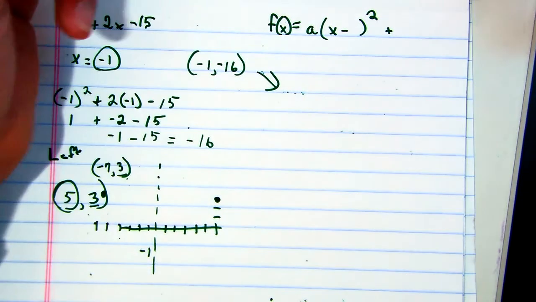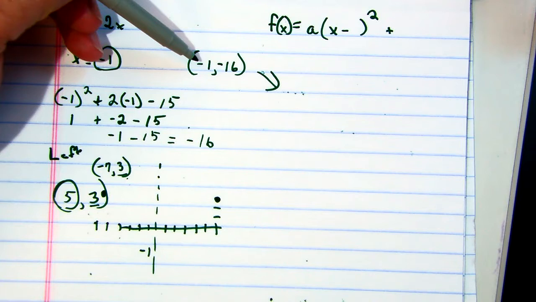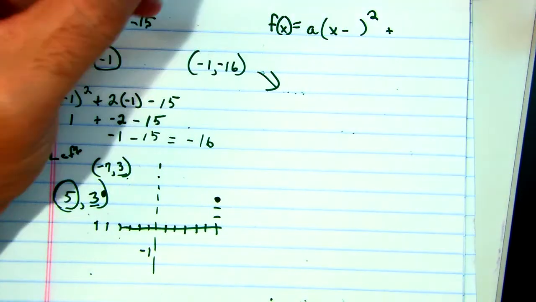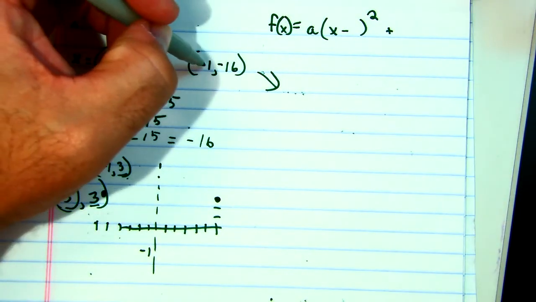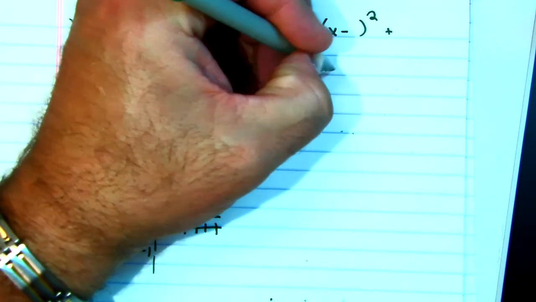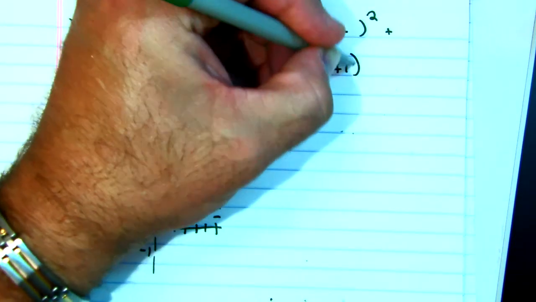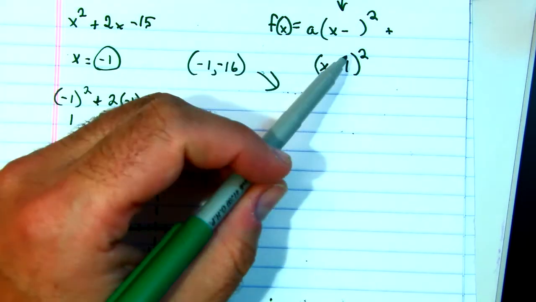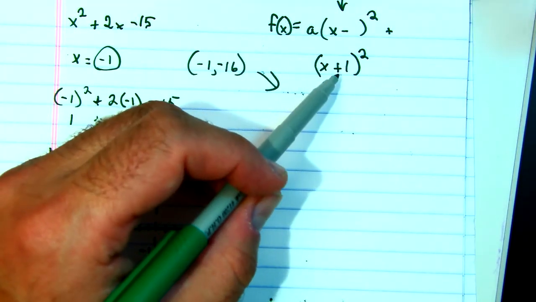Same thing happens here. So if I look at this problem here, and I'm writing it in vertex form, what number goes in there? Hopefully you know it's going to be the number negative 1. But that would change this to x plus 1, because the original form has a minus in it, and when I put in that negative number, that actually makes it a plus.